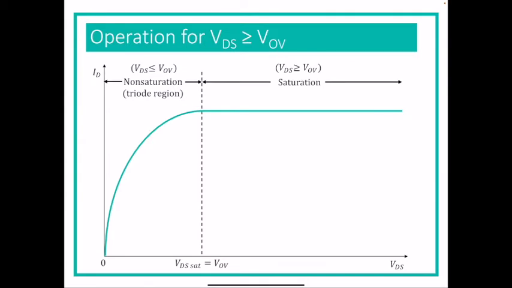So this is how the curve works when we're looking at the operation of a MOSFET transistor. For values below the saturation value or the overdrive value, for VDS values, you start out at the beginning at kind of an almost linear relationship. And that was the point when VDS was really small. You get kind of a linear value.